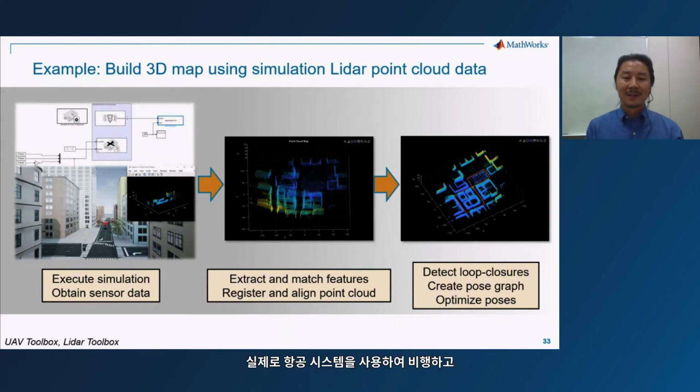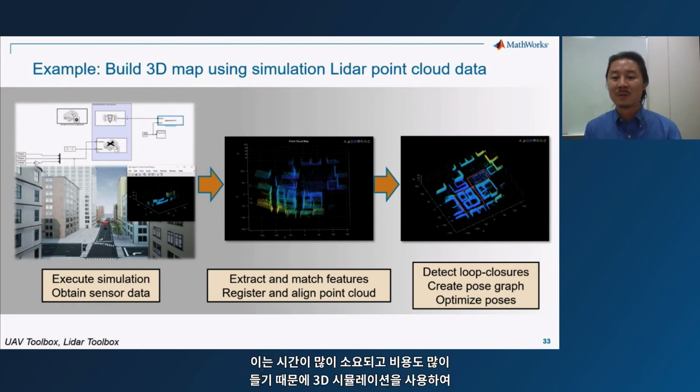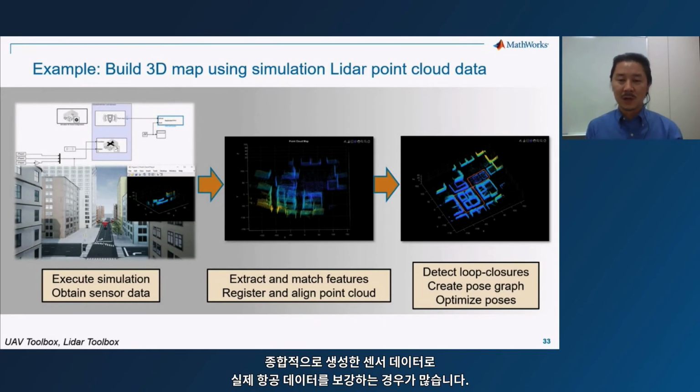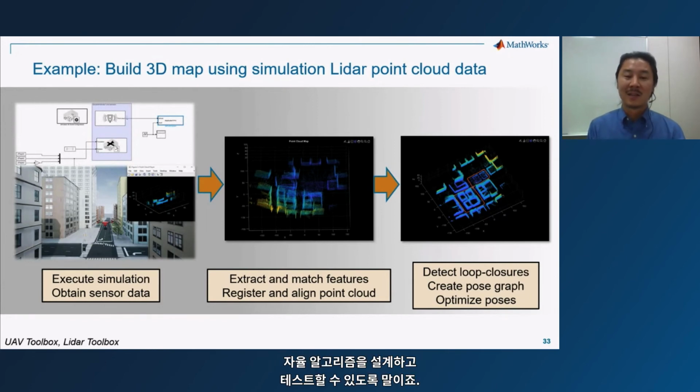We all know that going out and flying your actual aerial system and gathering real data would be the best, but that is oftentimes very time-consuming and very costly to do. So in many cases, 3D simulation can be used to augment real aerial data with synthetically generated sensor data, so that you could add some additional data points to design and test your autonomous algorithms.